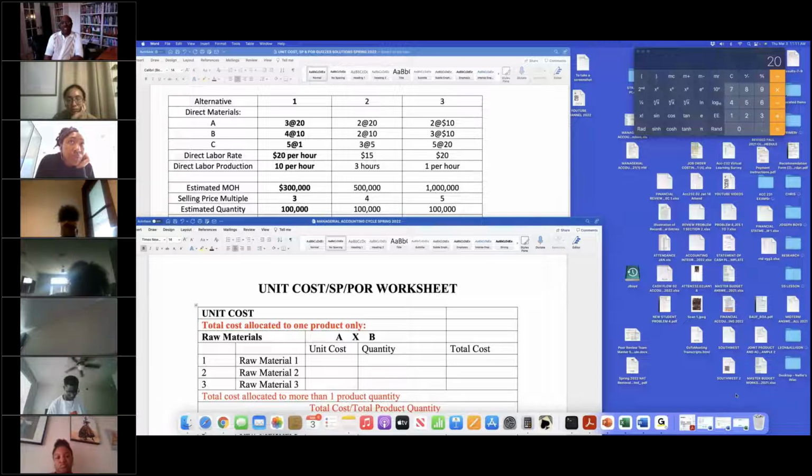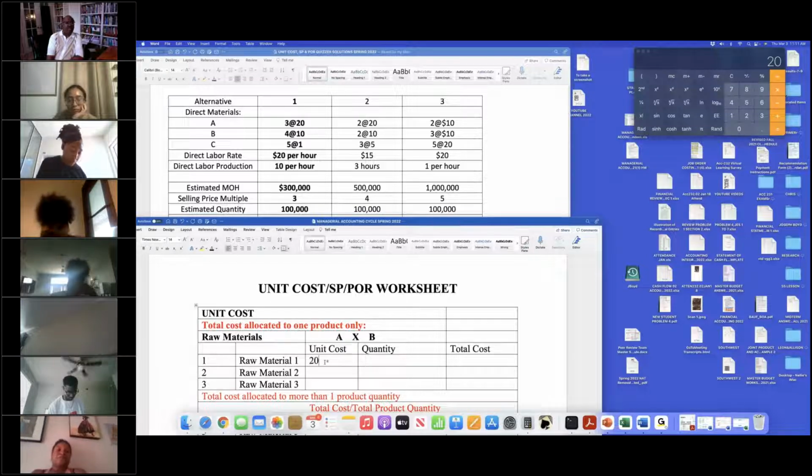Are there any questions? Do we have it done? So let's go through it together. We have raw material 1, the unit cost is 20, and the quantity was 3.